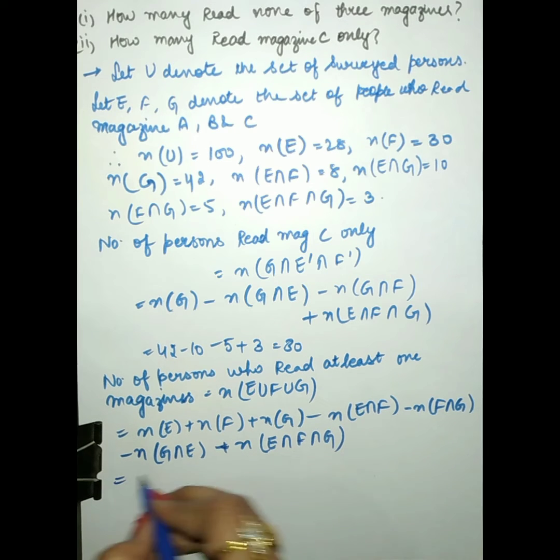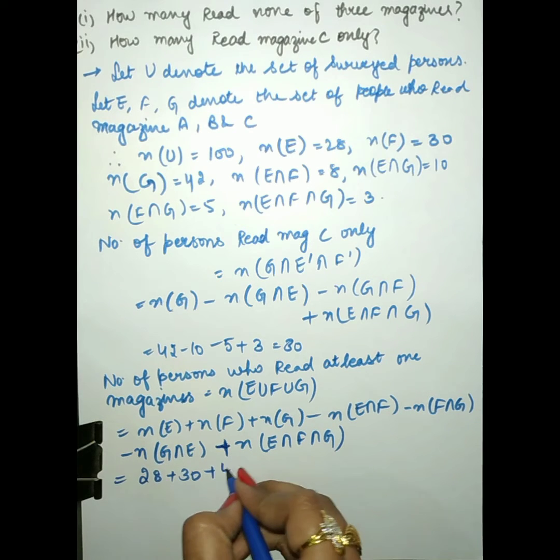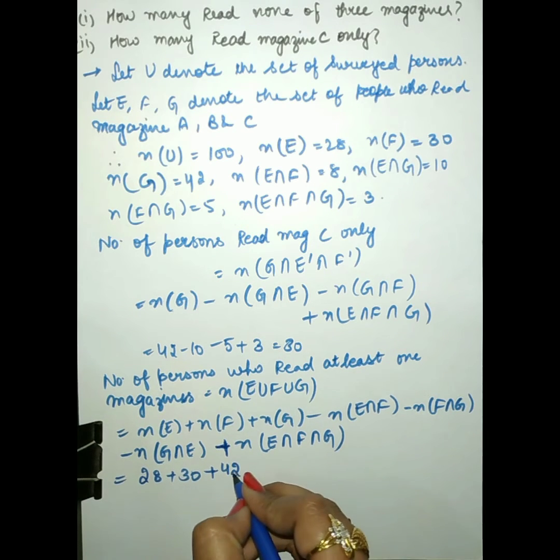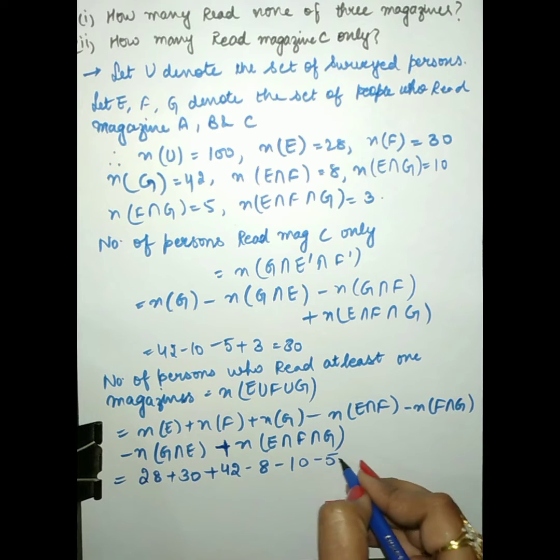Then it will become 28 + 30 + 42 − 8 − 10 − 5 + 3.